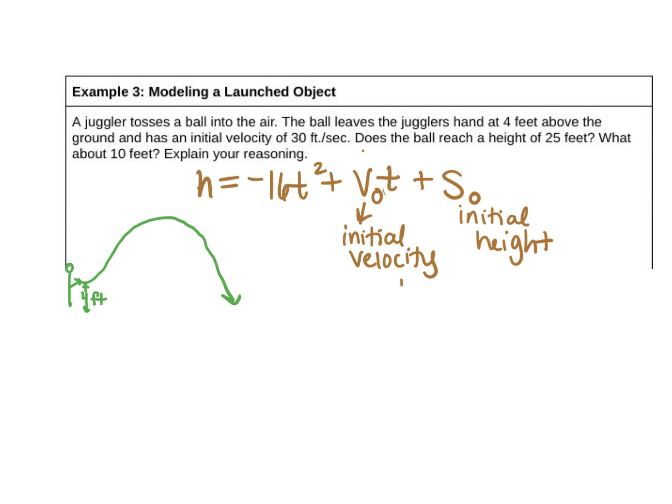What does that mean? The speed that he threw it at, right? So he threw it at 30 feet per second. That's his speed. They want to know if it's ever going to reach heights of 10 feet or 25 feet. So we just got to check those points.